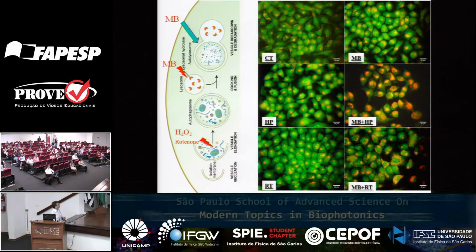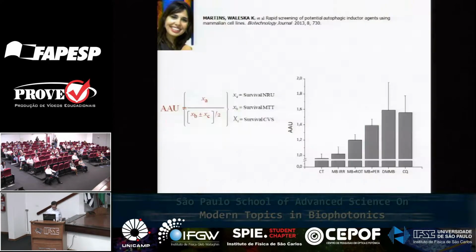We had this data from the literature. We proved this was happening. Rotenone is an inhibitor of the electron transport chain, so it's also damaging mitochondria. But when we do both rotenone or hydrogen peroxide and then methylene blue, you end up seeing this type of cell death that is autophagy-related cell death. Okay? So then we prove this concept.